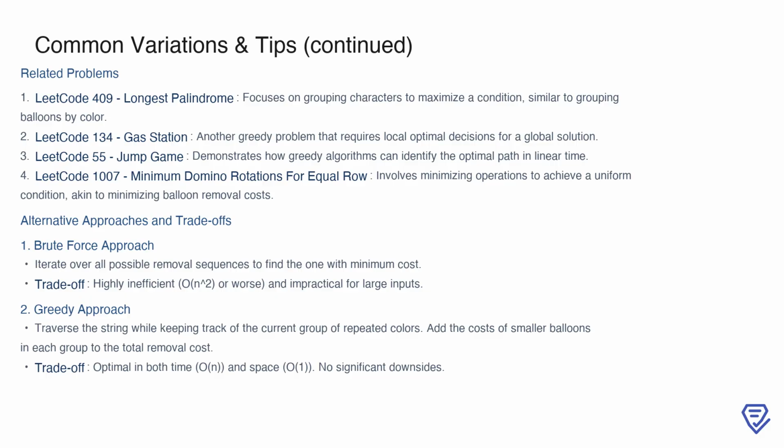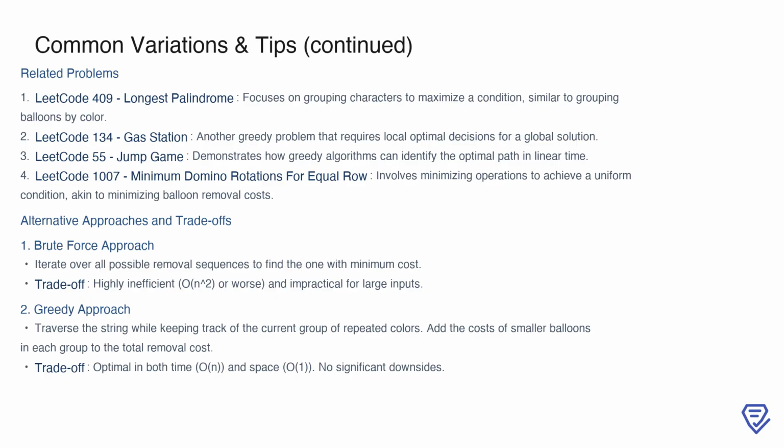Similarly, LeetCode 55, Jump Game, demonstrates how greedy algorithms can identify the optimal path in linear time. Lastly, LeetCode 1007, Minimum Domino Rotations for Equal Row, involves minimizing operations to achieve uniformity, akin to minimizing balloon removal costs in this problem.